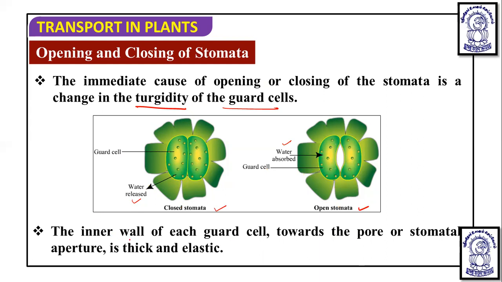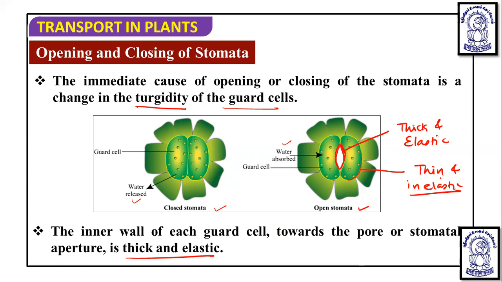In the guard cell, the inner wall of each guard cell towards the pore or stomatal aperture is thick and elastic, whereas the outer wall is thin and inelastic, as in NCERT.